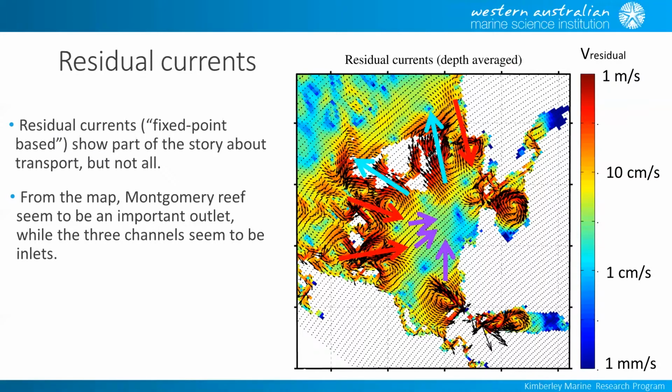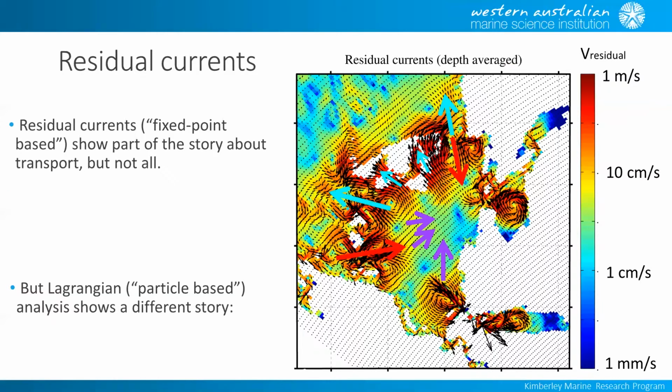The vectors here indicate the overall directions of the circulation, integrating the model output over this period of time, and the range of residual velocities, that is the net velocity averaged over the tidal cycle. The tidal cycle is around 12.4 hours, and if you average velocities over those cycles, it's not like a water parcel sitting here will go for 6 hours one way and the next 6 hours return to the initial spot. It actually does move.